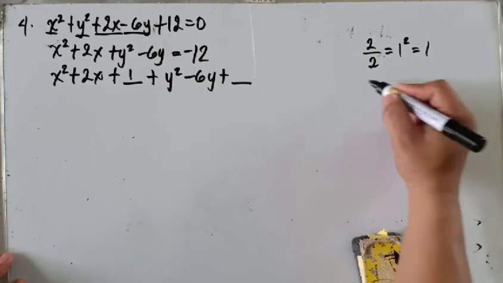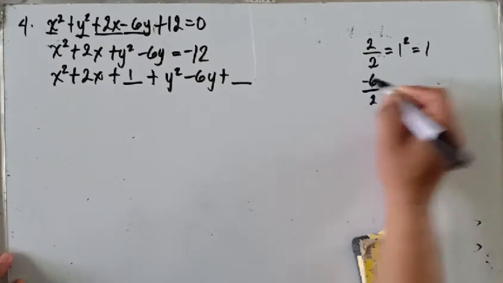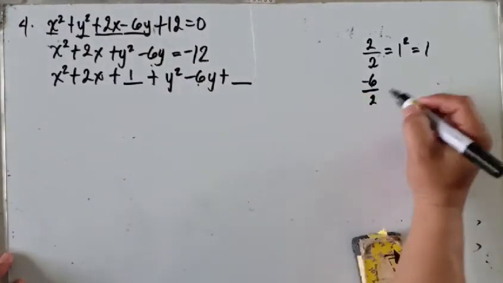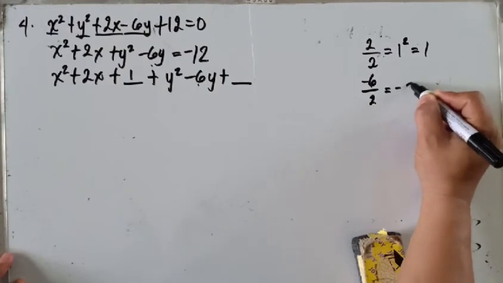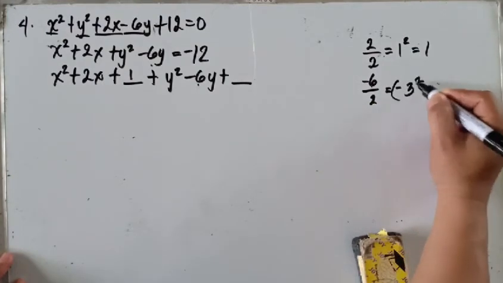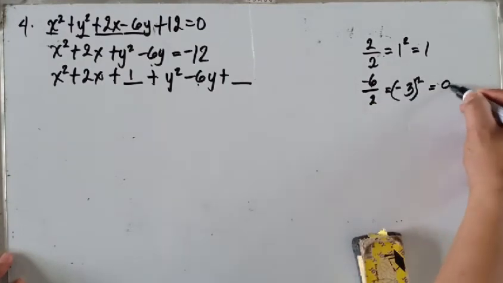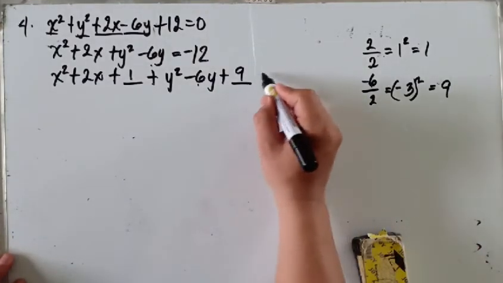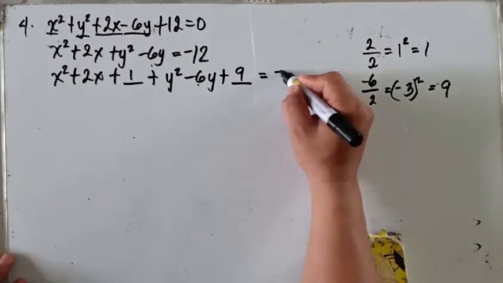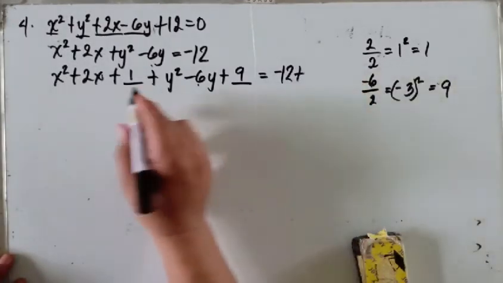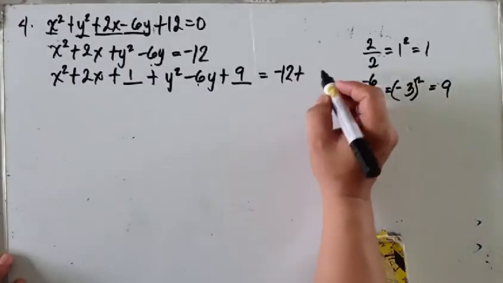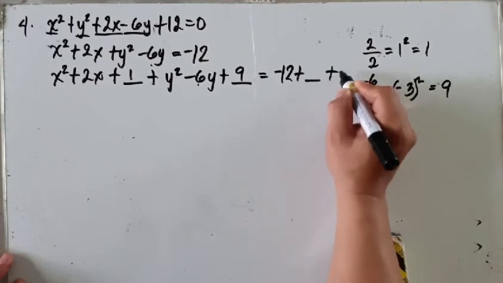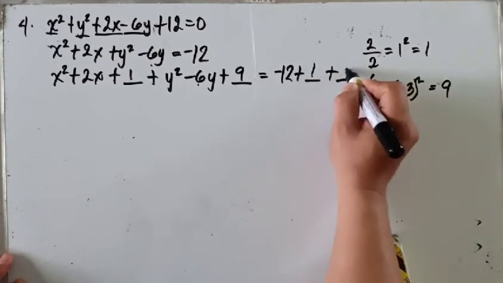And what is that? Take the half of negative 6. That's negative 3, square, negative 3, then it's positive 9. So add positive 9 is equal to, copy your negative 12 and add whatever the values you've added in the left side. So we have 1 and 9.